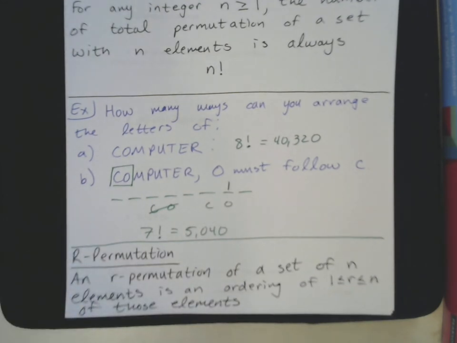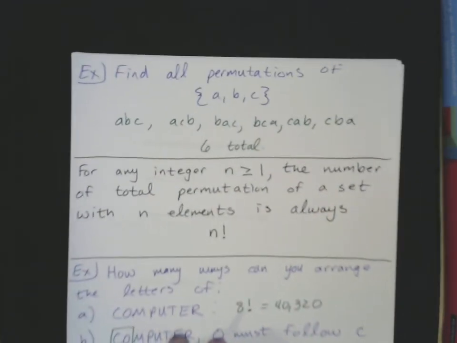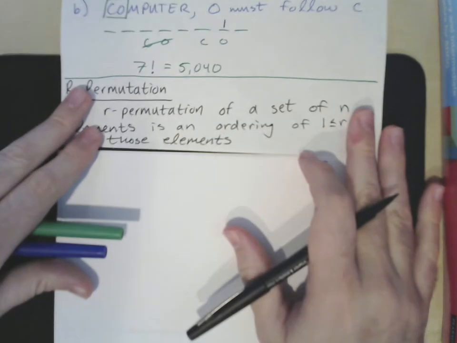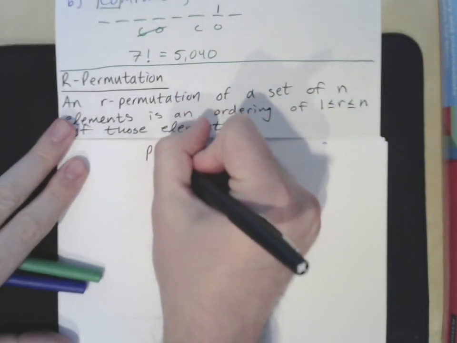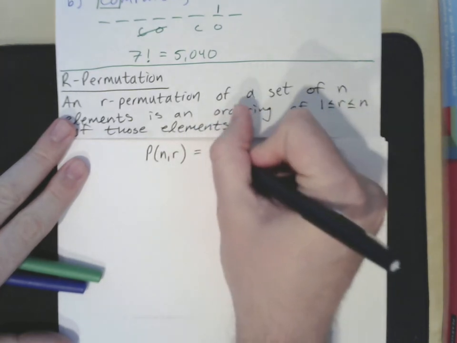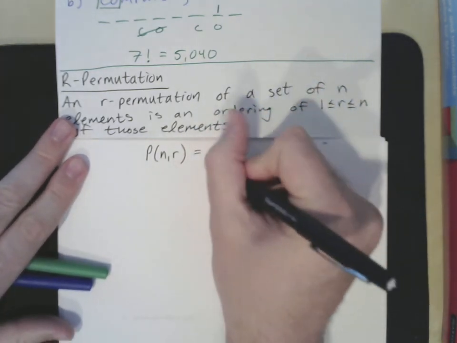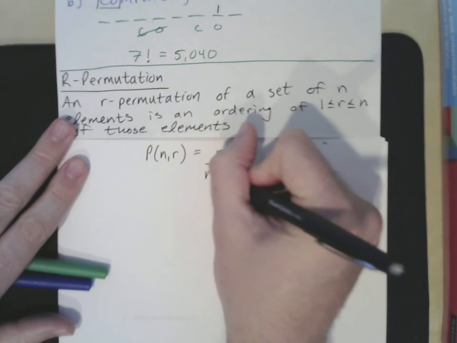And so essentially what we're doing is we are taking r things from the set of n and putting them in an order. And so we have some notation for that. So the notation for an R permutation is P of n, r equals n factorial over n minus r factorial.